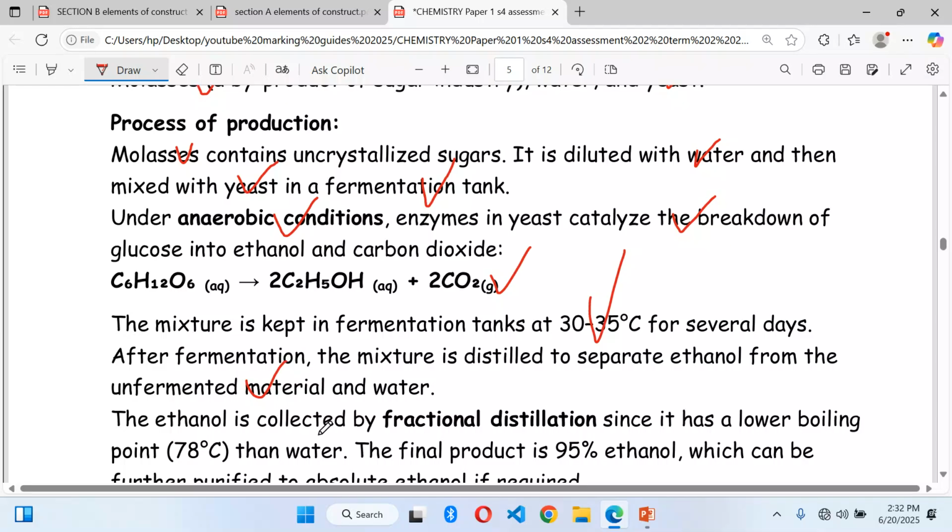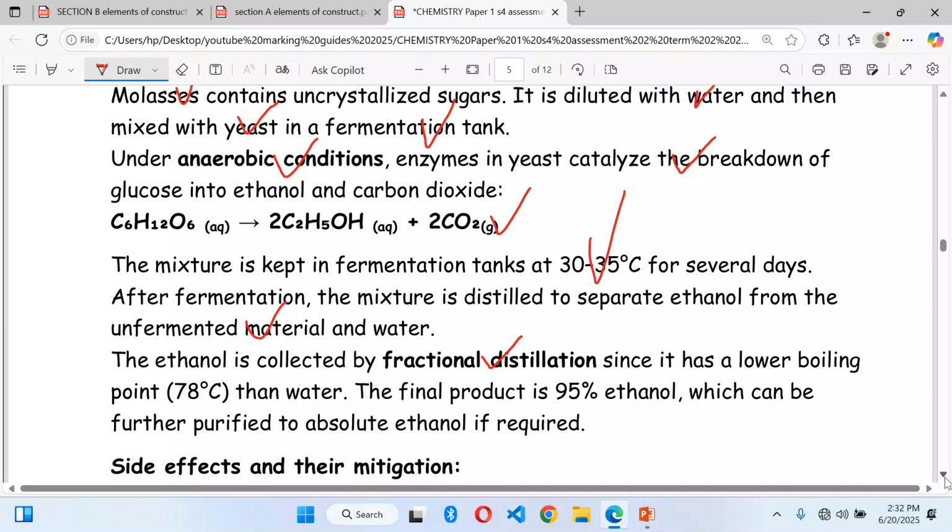So the ethanol is collected by fractional distillation, since it has a lower boiling point of 78 degrees Celsius than water. So the final product, 95% ethanol, which can be further purified to absolute ethanol, if required.